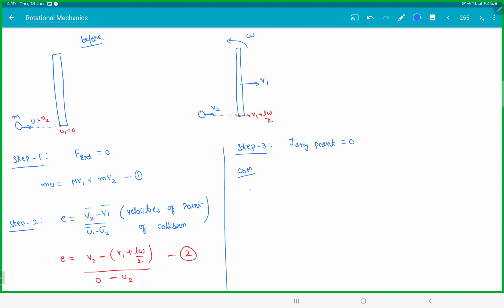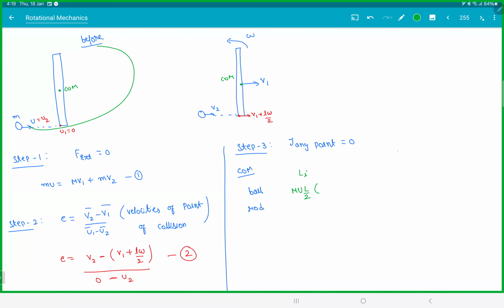so the ball, the rod, L initial, L final. So initially ball is how much? You're talking about center of mass. That would be M, U, L by 2.